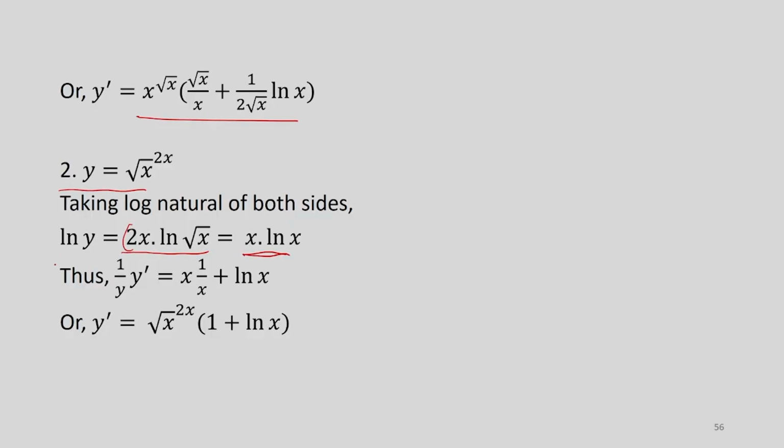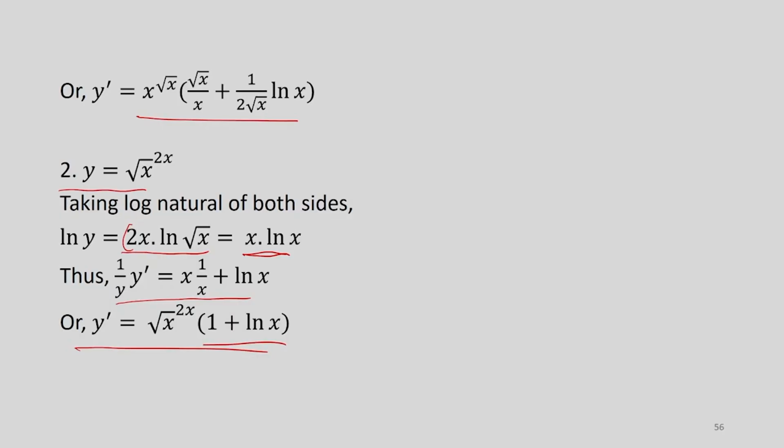And like before, I take the derivative of both sides with respect to x, and I get 1 divided by y multiplied by y dashed is equal to x multiplied by 1 divided by x plus log of x. And then in the next stage, I multiply both sides by y, and I get y dashed is equal to root x to the power 2x multiplied by 1 plus log x.